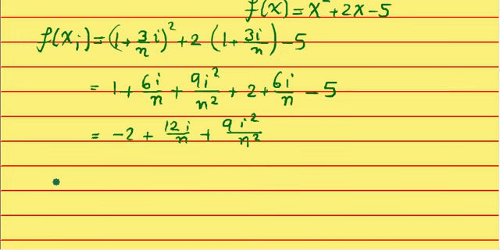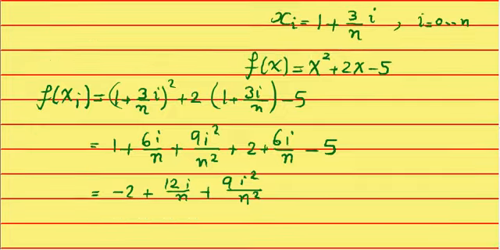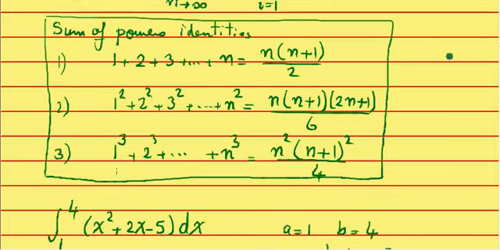How do we calculate that sum? How do we clean it up? Well, that is going to be done by using those identities we just mentioned at the beginning of the lecture. These are going to be crucial in cleaning up the expression that we have.